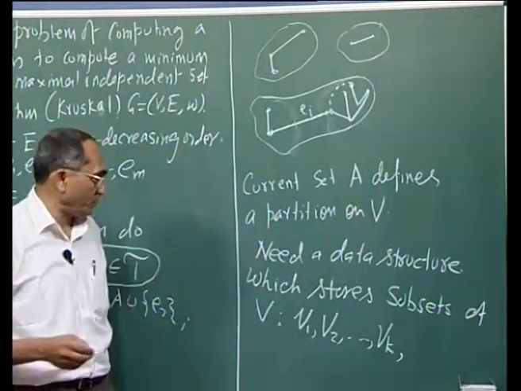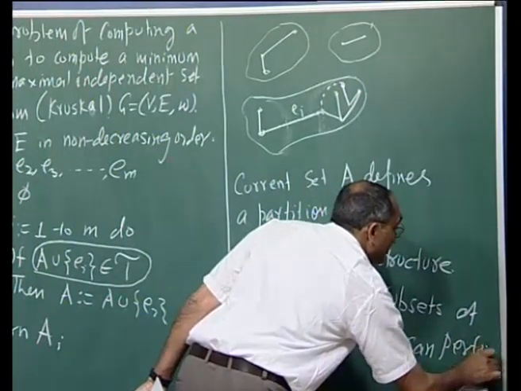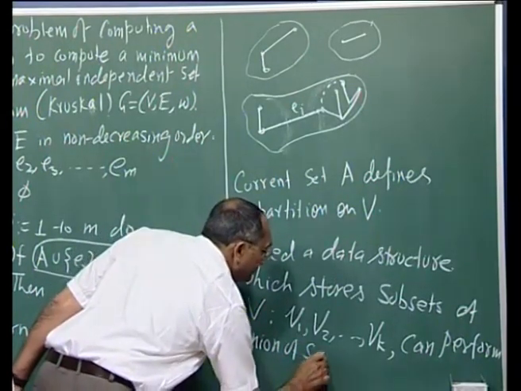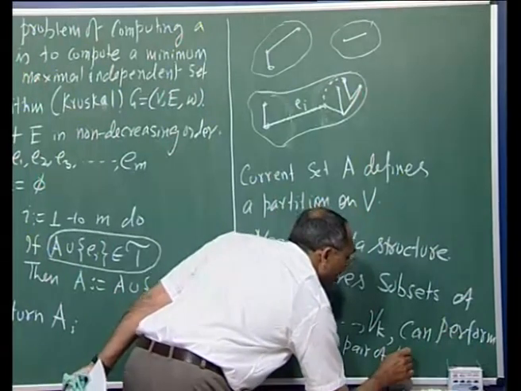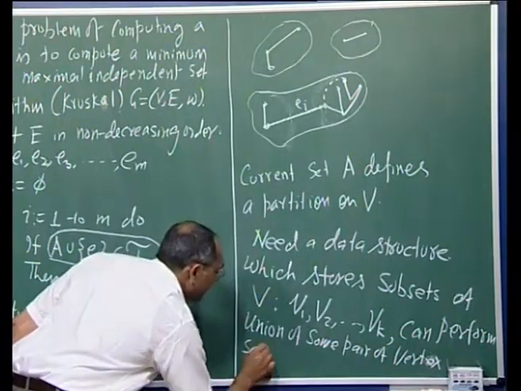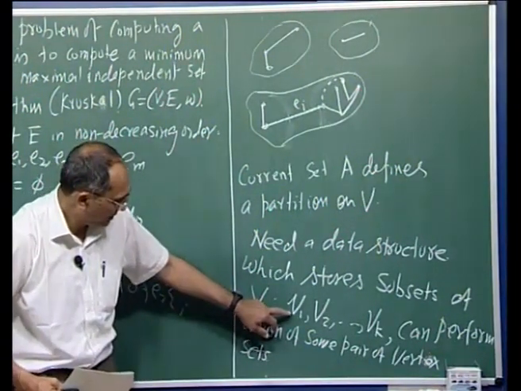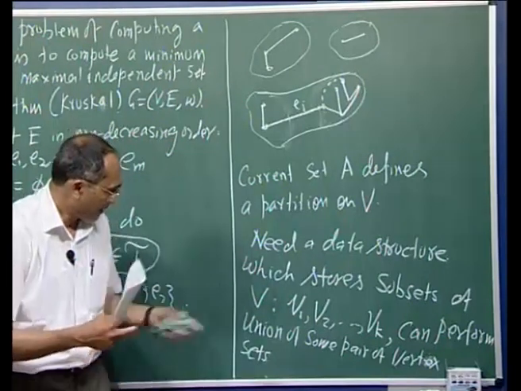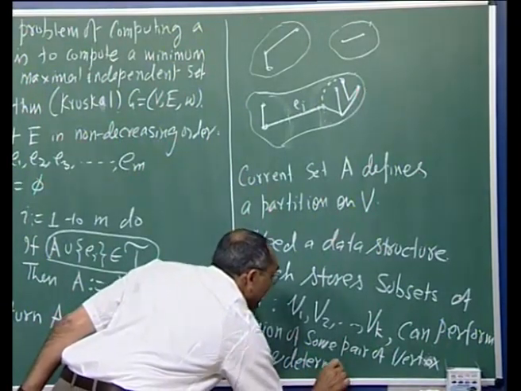It can perform the union of some pair of vertex sets, and further, given a vertex, it can identify which part that vertex belongs to, and determines membership.